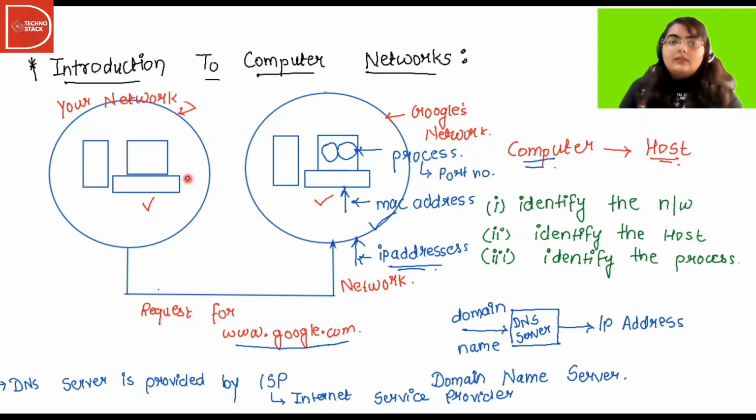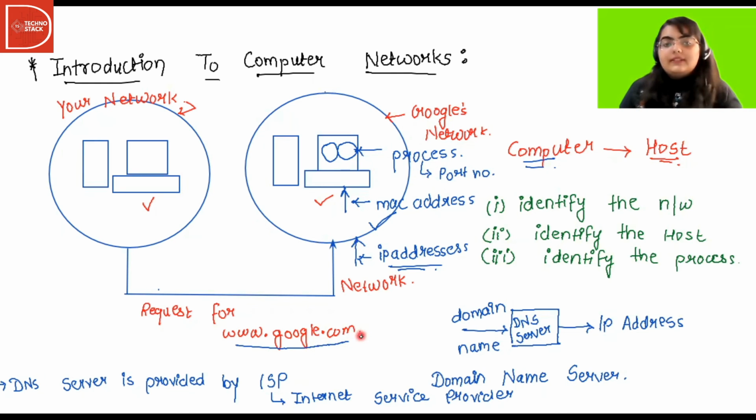To request www.google.com, I require the specific IP address of that server. For that, we use the domain name server, which will convert the domain name into an IP address. Once we have the IP address, we know which network we want to refer to. After that, we have to find the actual host by MAC address. Then we have to find the process, which we'll find by port number or socket number. And then we'll request the particular website.